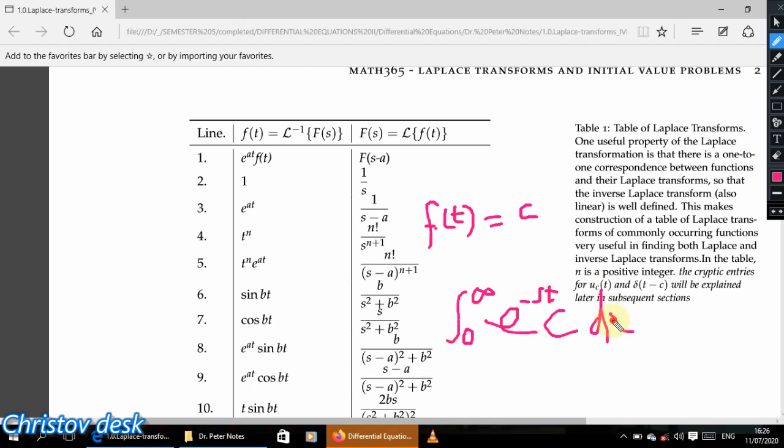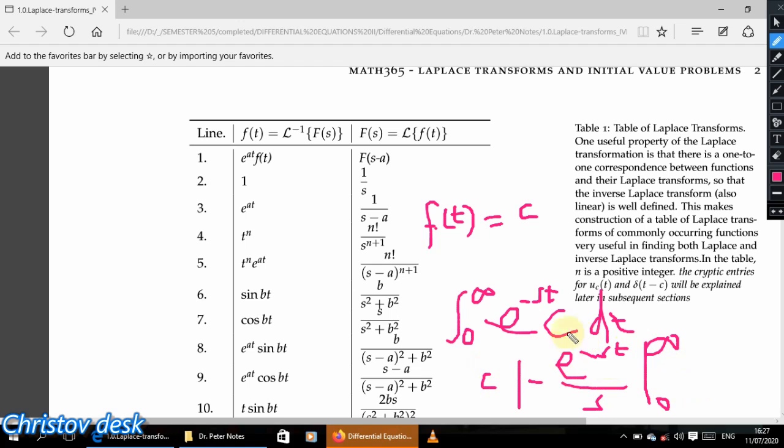So this is what we are trying to solve. When you solve this out, you have negative e raised to the power minus st, divided by s, and then you put 0 and infinity inside this expression, and remember your c will come up.